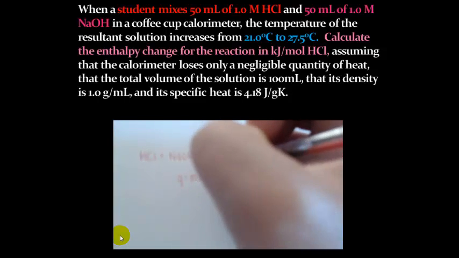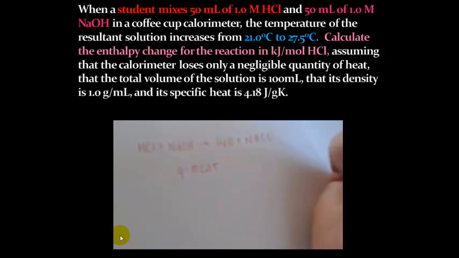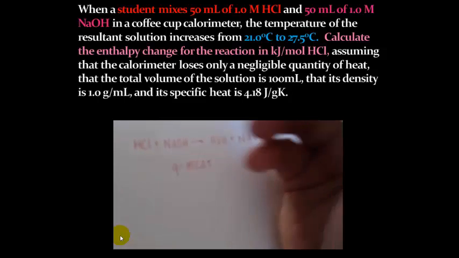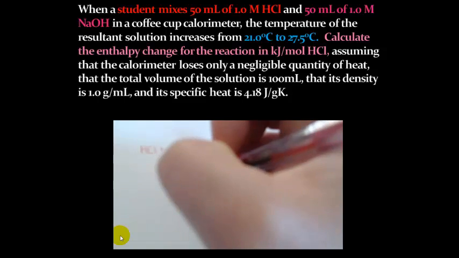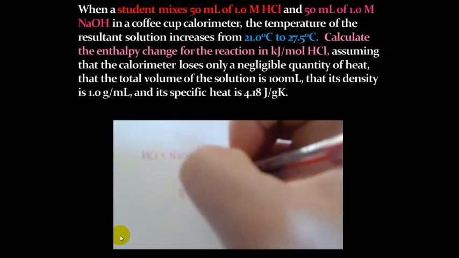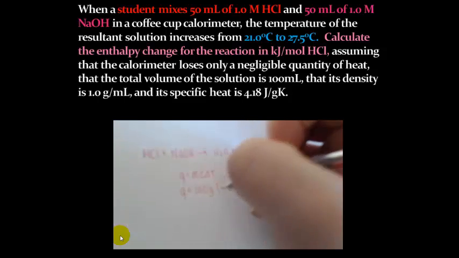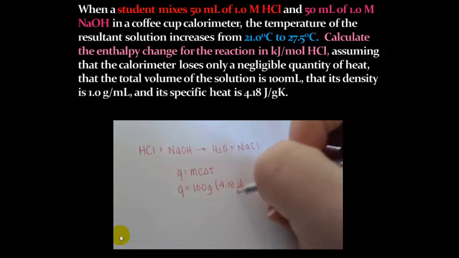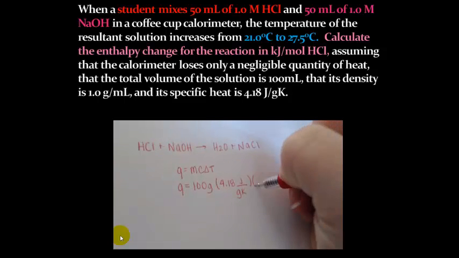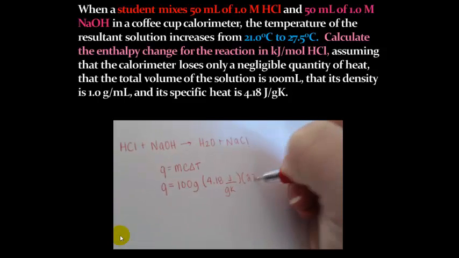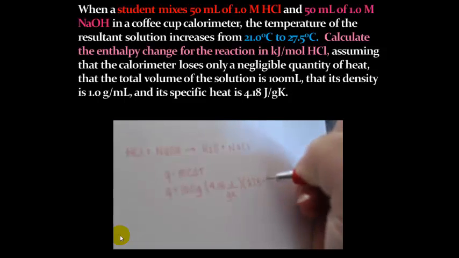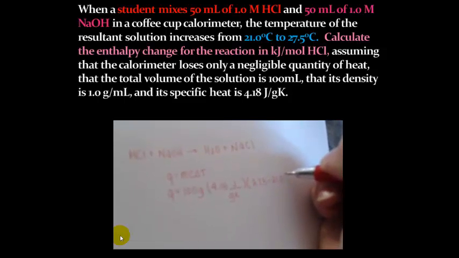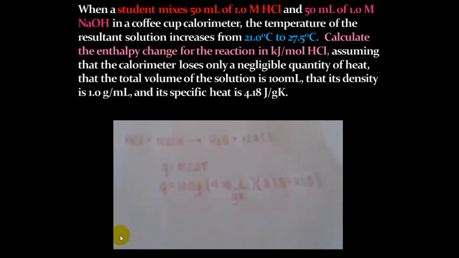And we know that the mass is going to be the mass of the HCl plus the mass of the NaOH. So because they tell us the density is 1 gram per milliliter, and we know we have 100 milliliters, that gives us a mass of 100 grams. They give us the specific heat of 4.18 joules per gram Kelvin, and our change in temperature is going to be 27.5 minus 21. So our temperature went up, meaning that the reactants must have lost energy.